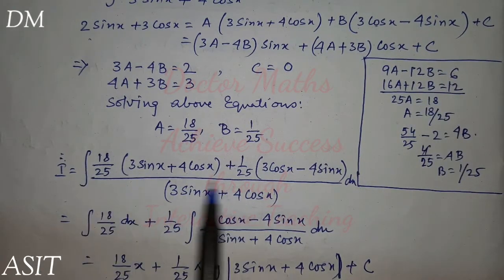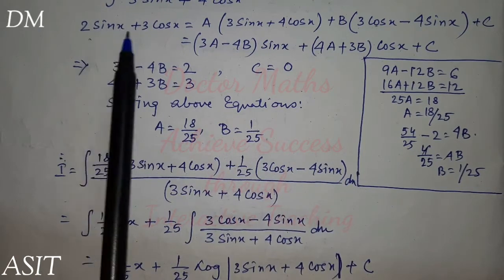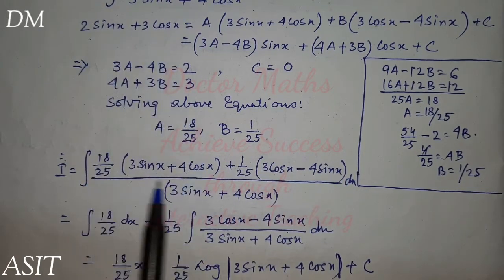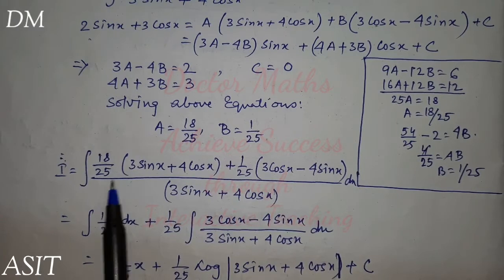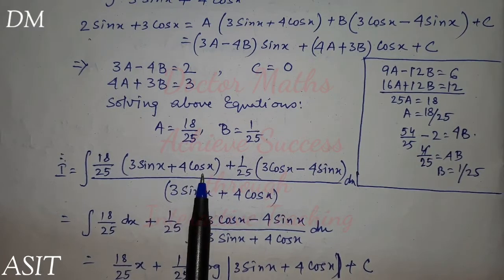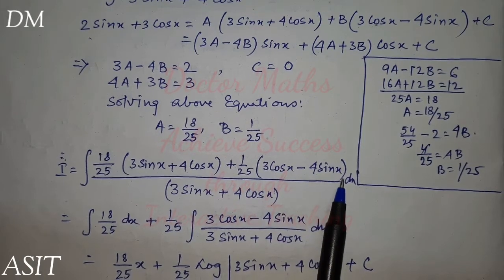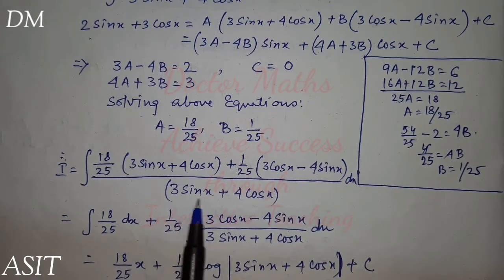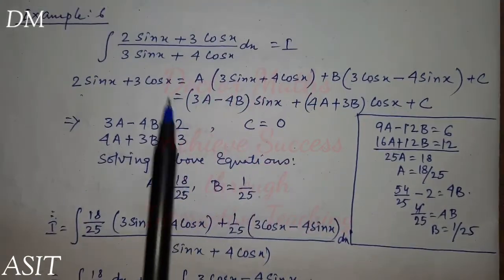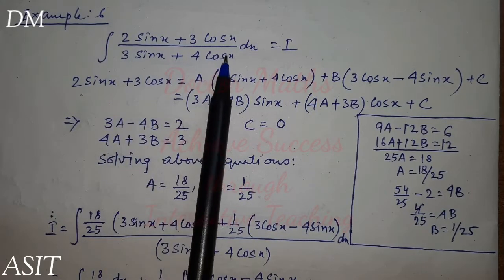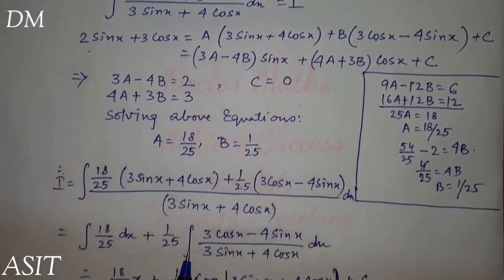So therefore I can write 2 sin x plus 3 cos x as this: 18 by 25 (3 sin x plus 4 cos x) plus 1 by 25 (3 cos x minus 4 sin x), divided by 3 sin x plus 4 cos x. It was already there, 3 sin x plus 4 cos x in the denominator.